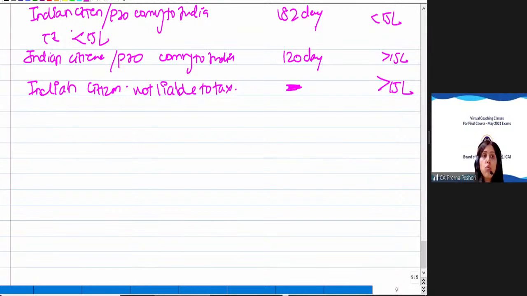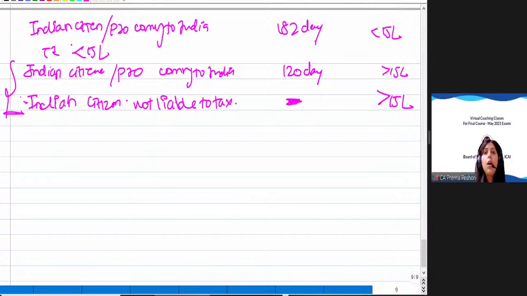These two were not existing earlier. What is the implication of this particular amendment? Until now, these two categories were considered as non-resident, right? Now they would be considered as resident.